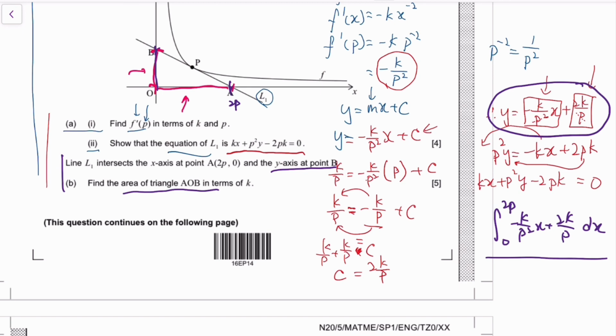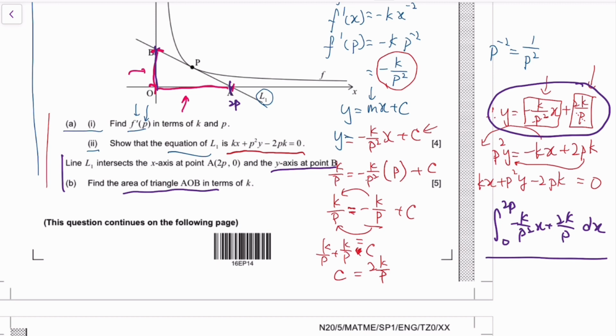A few years ago, there was actually a past paper where they made the calculation so difficult that if you use integration, it's doable, but it's going to take forever. However, if you just do base times height divided by 2, it's way simpler.